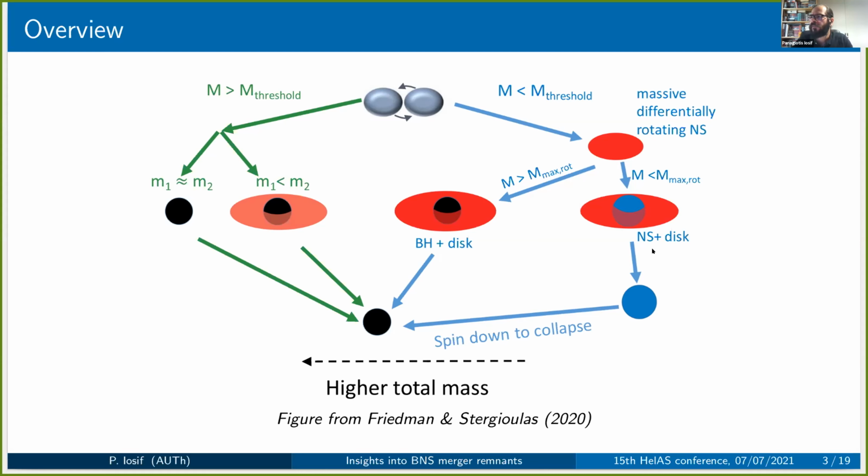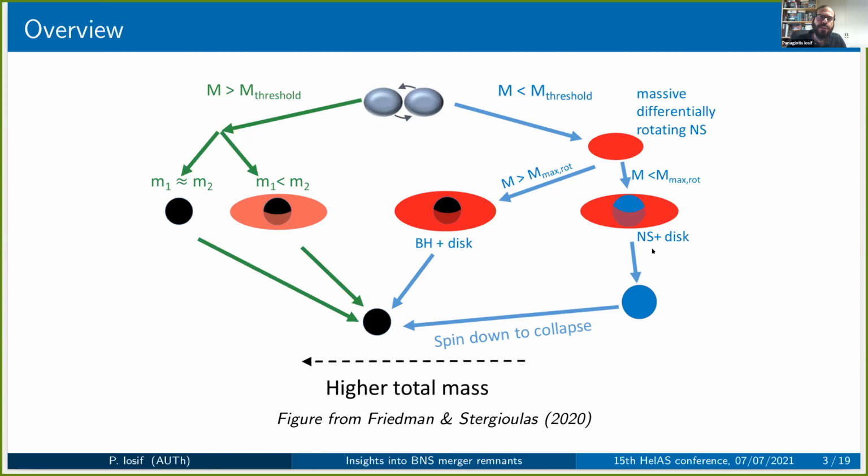This is just a summary of the different outcomes, and I'll just point out that essentially there are 3 checkpoints which are comparisons of mass values. So the evolution of the binary, of course, depends on the equation of state and the total mass of the system.